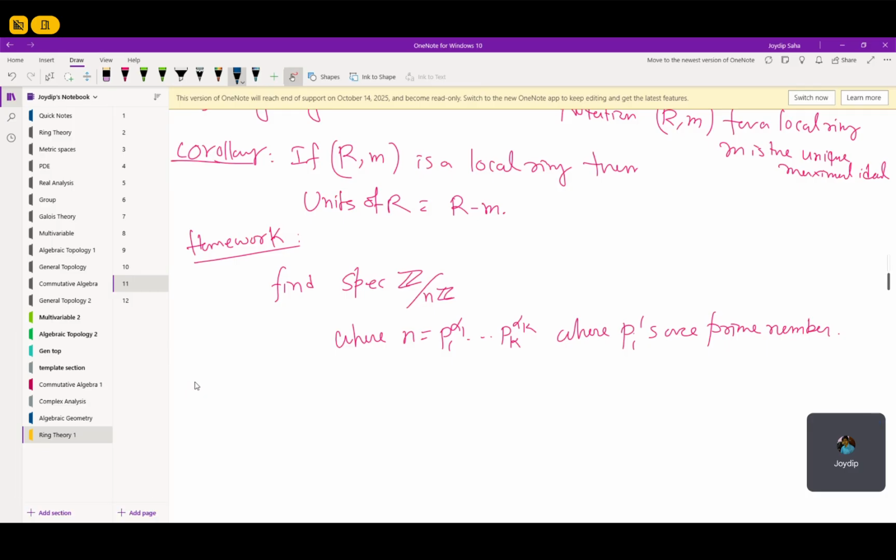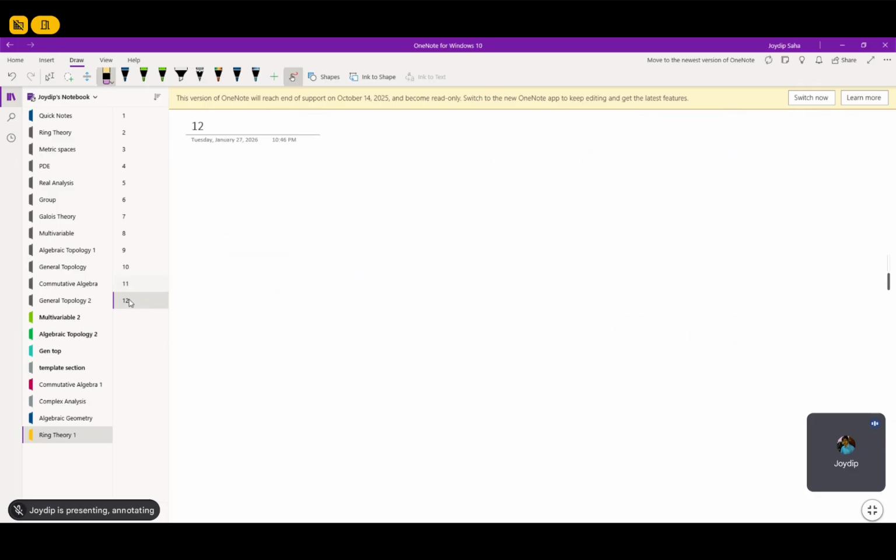Let AZ, note that next, better we do it in next phase.